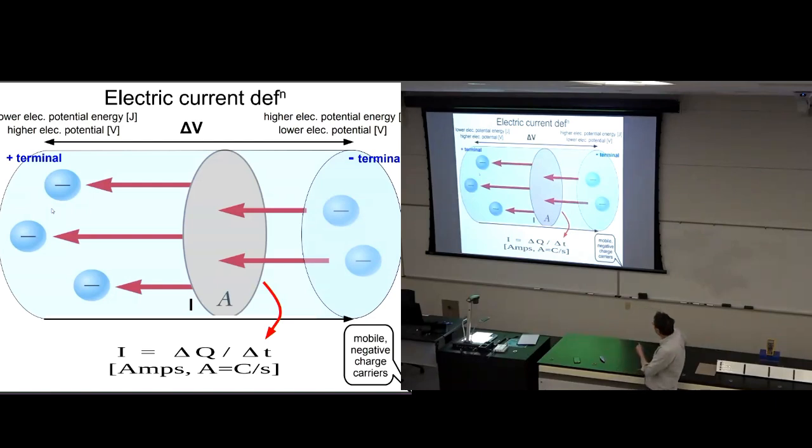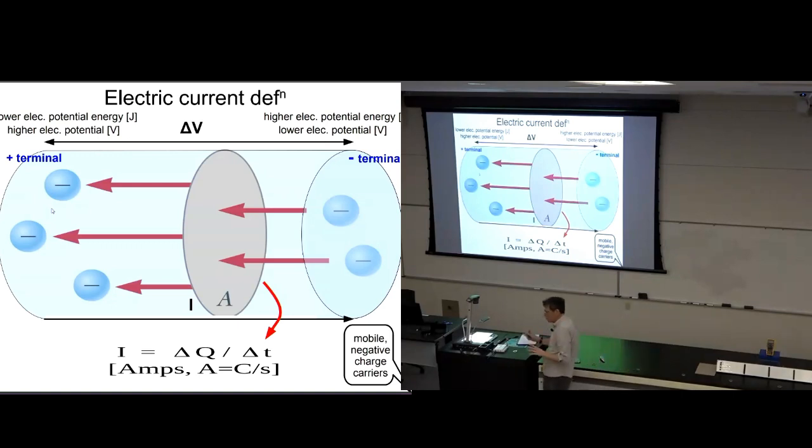So these electrons that are streaming right to left, rather than the positive charges that were streaming left to right, are falling down the electrical potential hill. They're likewise moving from higher electrical potential energy to lower electrical energy. So electrons over here have high energy, electrons over here on the left have lower electrical potential energy.